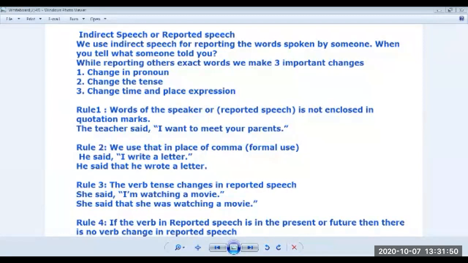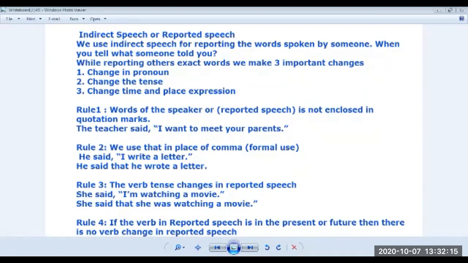Then we use it in day-to-day conversation. Let me give you an example over here. The teacher said, "I want to meet your parents." Now these are my words, and I'm your teacher, so I'm just saying, I want to meet your parents.